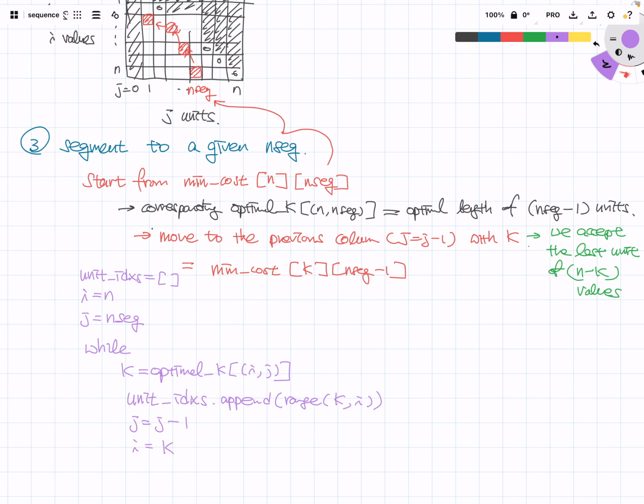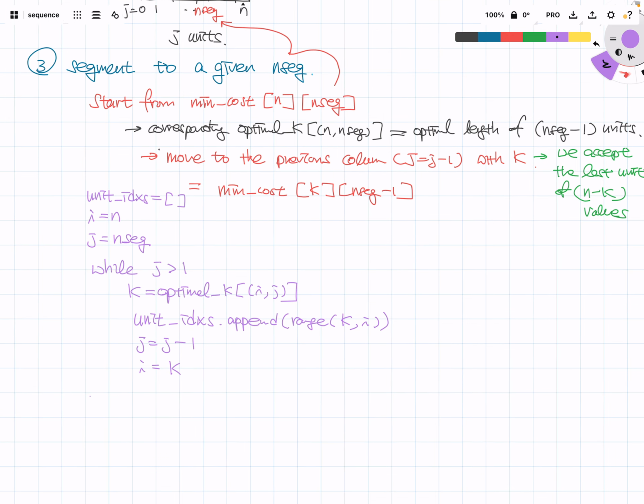Okay, so we can repeat that until j is larger than 1, and when j is 1, we can append the last, right? So the first unit, maybe this can be included in the while loop, but either should work. So in this way, we can segment into n segments.